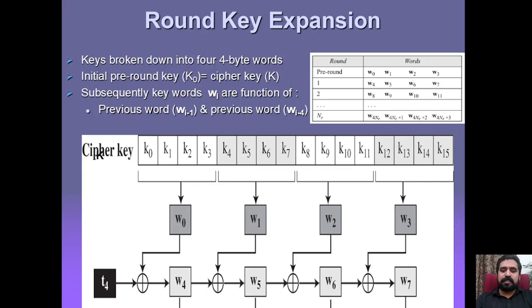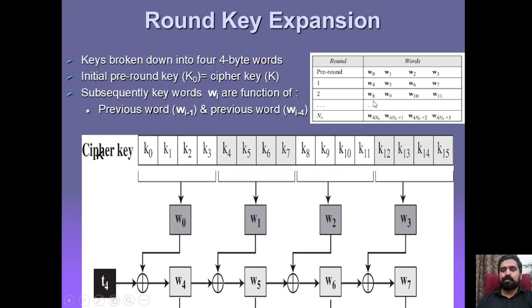The key expansion routine creates round keys word by word, where a word is an array of four bytes. Here you can see that in the pre-round we use 4 words, W0 to W3, whereas for round 1 we use the 4 words W4 to W7.